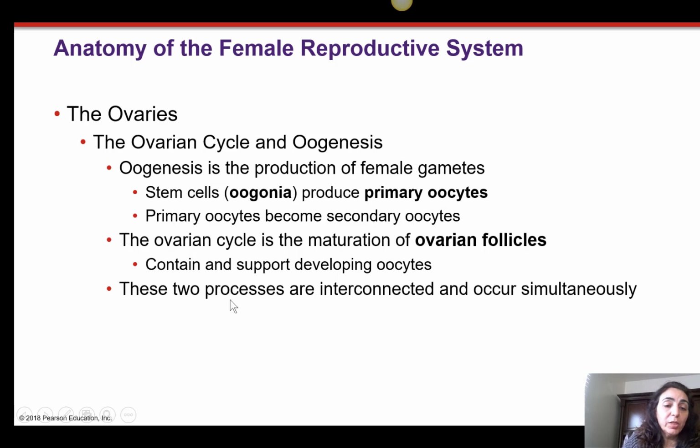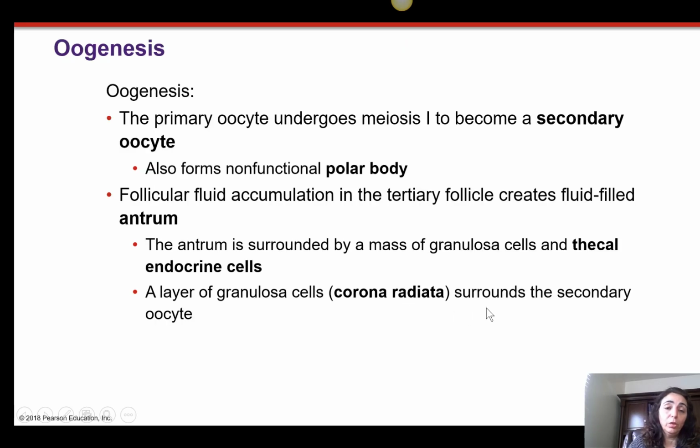Now, these two processes are interconnected and occur simultaneously. The maturation of the oocyte inside and the maturation of the cells around it that make the follicle happen together at the same time, and we're going to talk about that in detail.